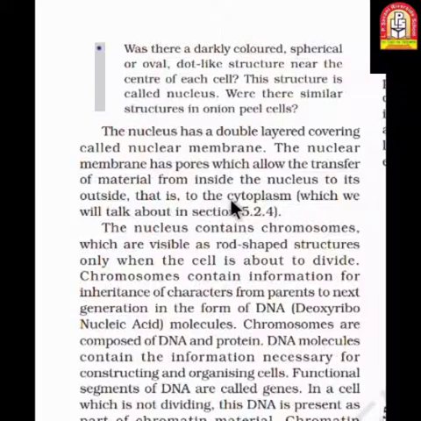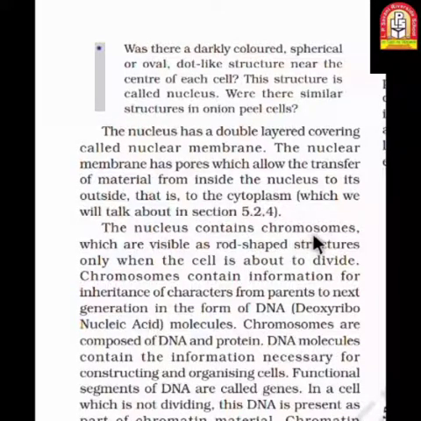Exactly like the cell membrane, the nucleus also needs some material to fulfill its needs. That's why there are pore-like structures for the transfer of that material. And from where will the nucleus get materials? From its surroundings, that is, from the cytoplasm of the cell. The nucleus contains chromosomes. Now the cell has a nucleus, but what is inside the nucleus?